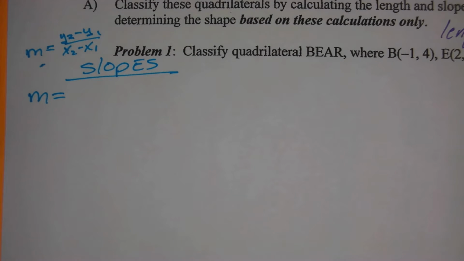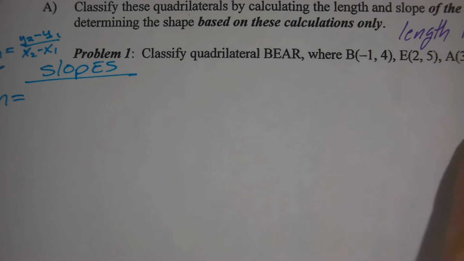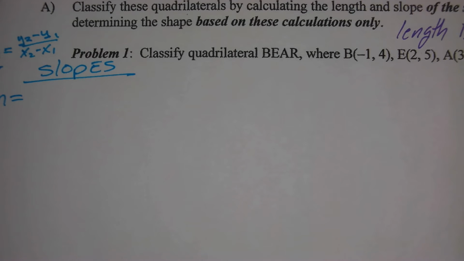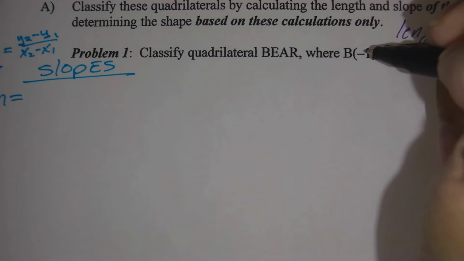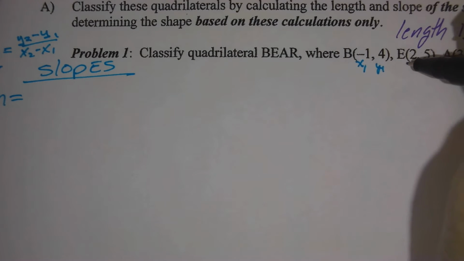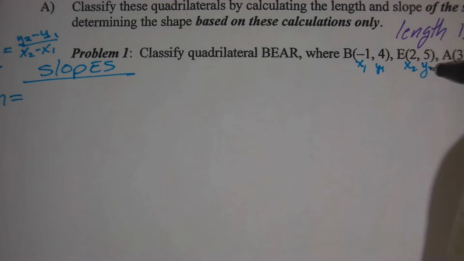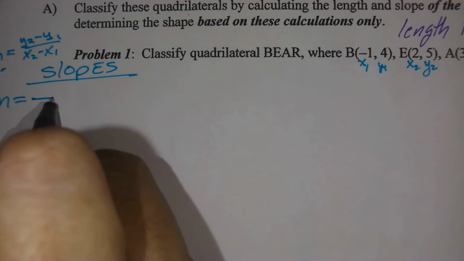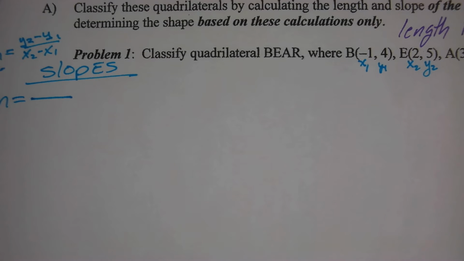All right, so we're going to start with our slopes for BE. So we're going to look at our points for BE, which are right here. And don't forget, we need to label them. X1, Y1, X2, Y2. And we're going to set up our ratio right here, or our rise over run.